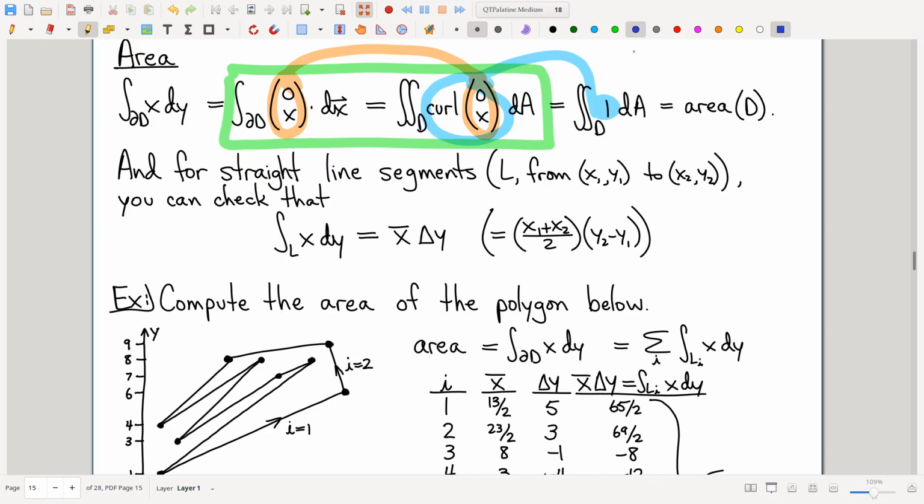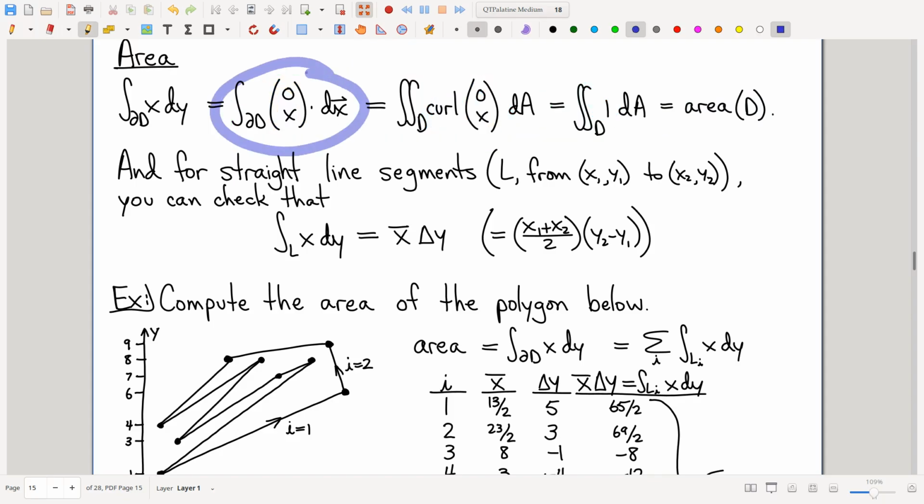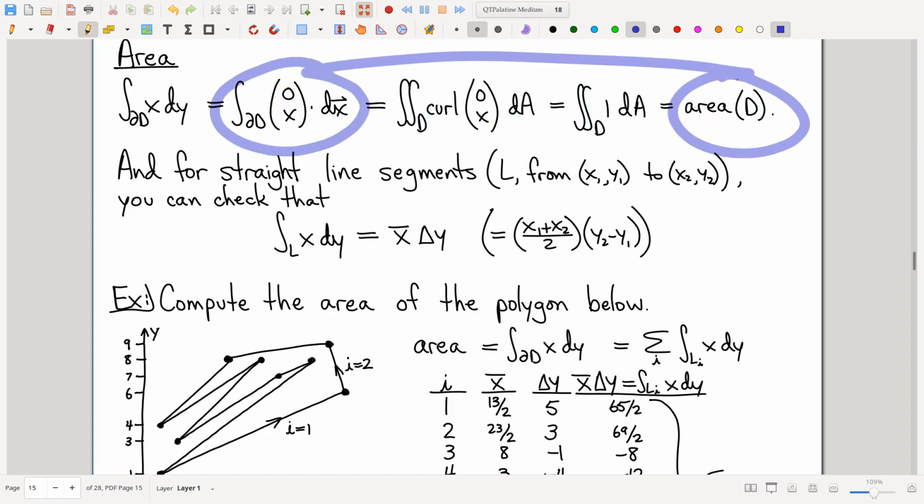What's nice is that this integral literally tells you the area. So altogether, we have a theorem that says if you want to compute the area of some two-dimensional region, this is very strange, but we can compute a boundary circulation and that will compute the area for us.